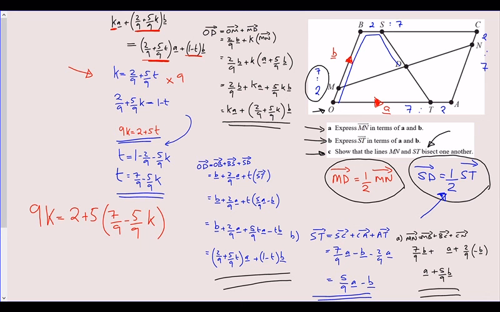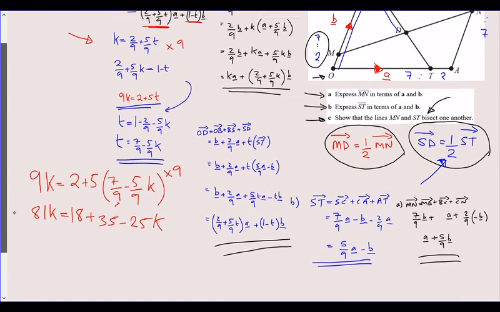Now I'm going to times by 9 again on both sides. So I've got 81k is equal to 18 plus, so the 9's will cancel out here. So all I've got now is 35 minus 25k.